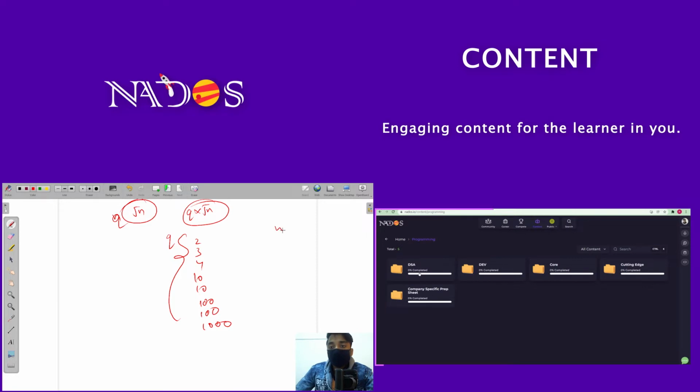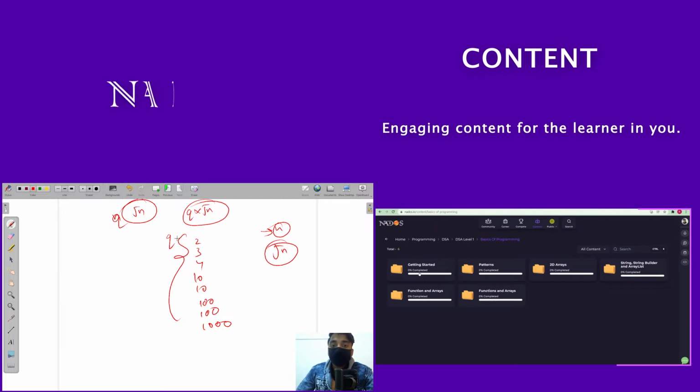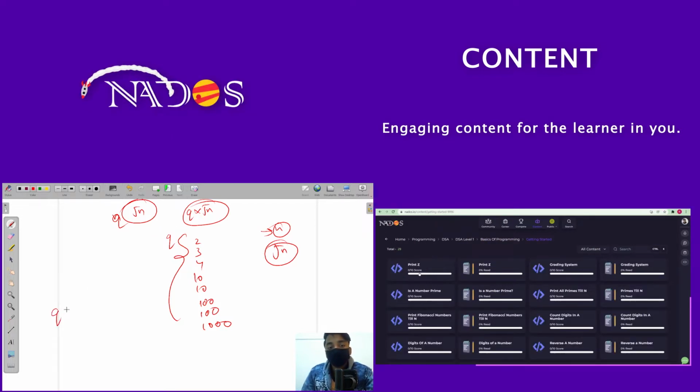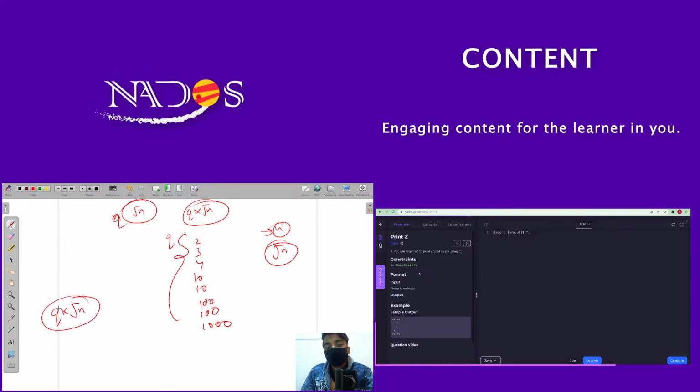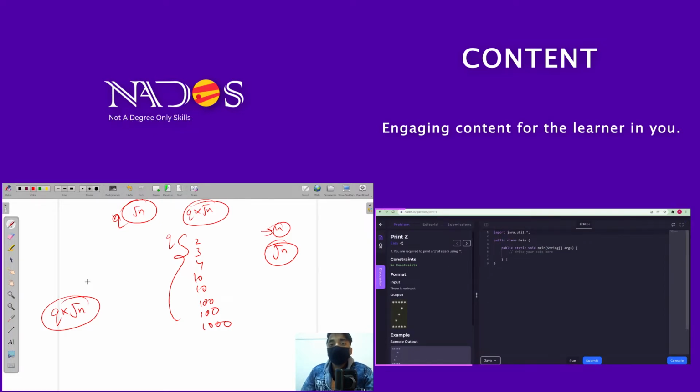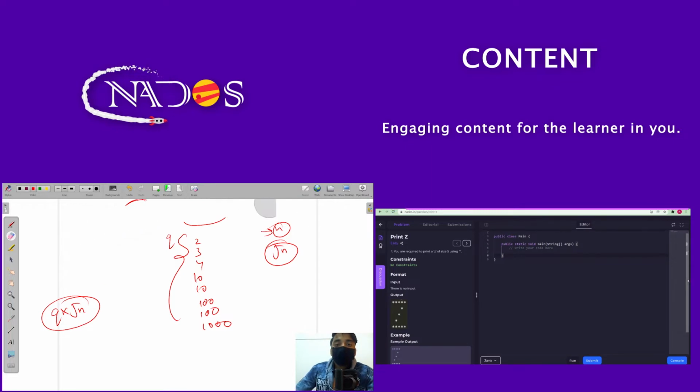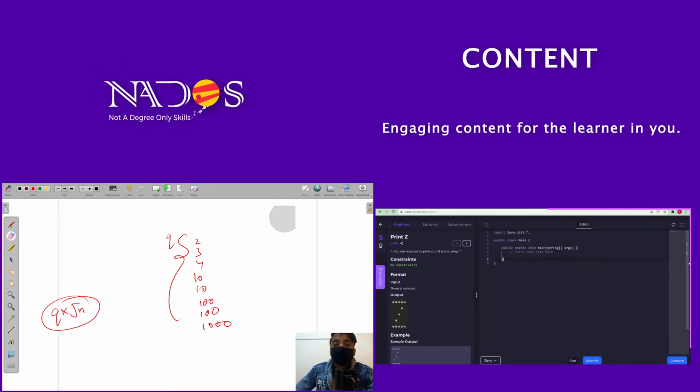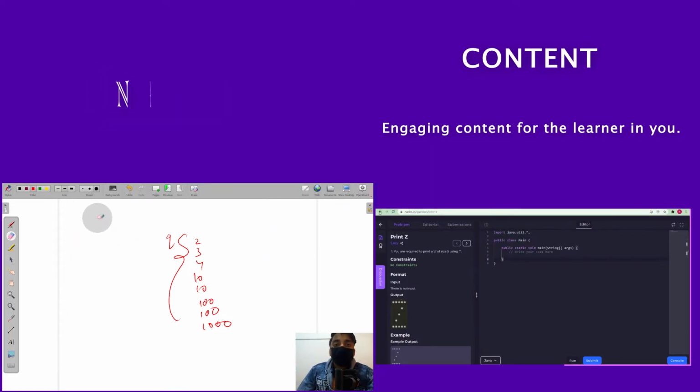Let's say the number is n. Finding whether n is a prime or not takes under root n time, and we have q queries. This means it will take q into under root n time to find whether all the numbers are prime or not. So in this question, for reducing the time complexity, we will do something.